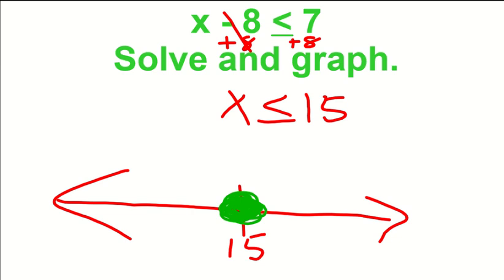To the left. If you're ever not sure, the pointy part on your inequality should match the point of the arrow. So we got less than, that means it's pointing to the left. Less numbers, lower numbers are to the left. Okay? Any questions on those?